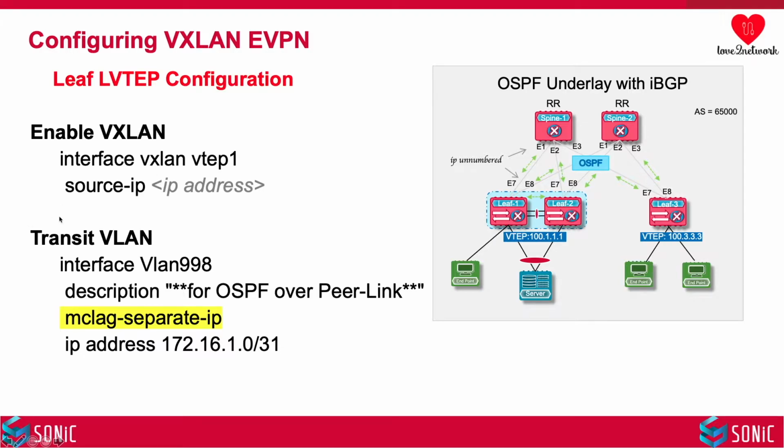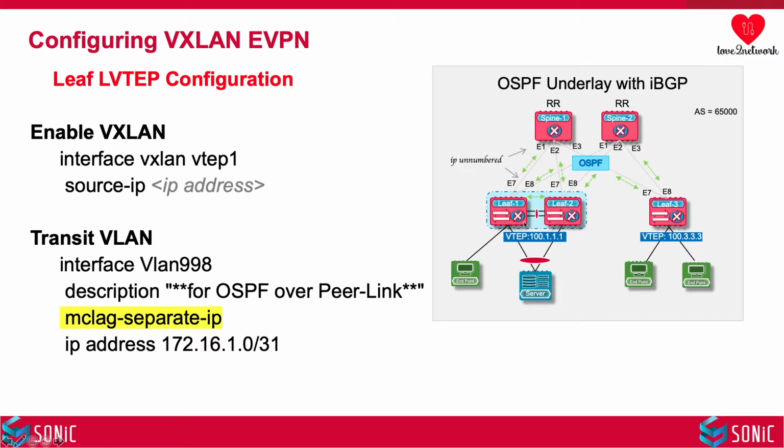And this is the command that we use to define our VTEP IP under interface VXLAN mode. The source IP, and in this case 100.1.1.1. This will be the same IP we will configure both on leaf 1 as well as on leaf 2.